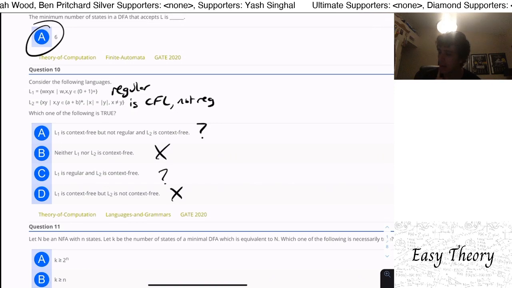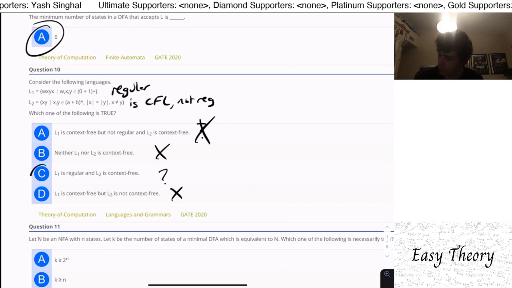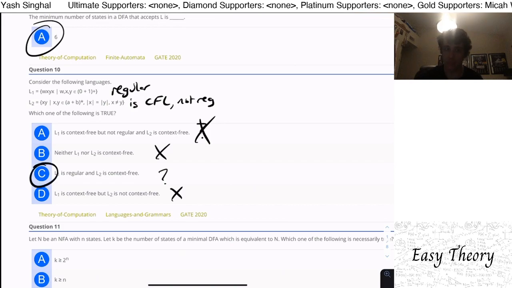Yeah. And then if you take sigma star minus a finite set, you would always get a regular language out of it. Cool. So I would say that it is regular, so that means that this one is not, so it's C in that case.